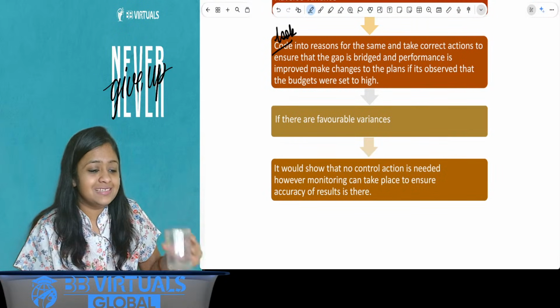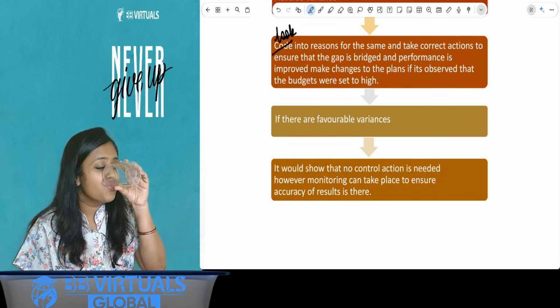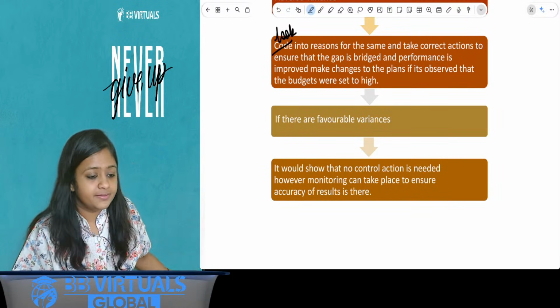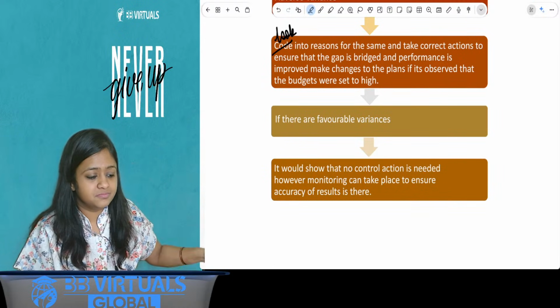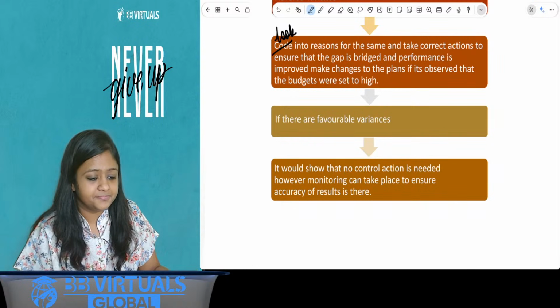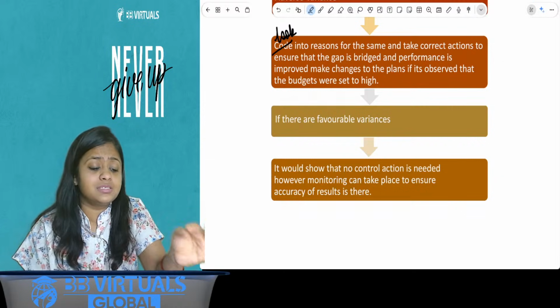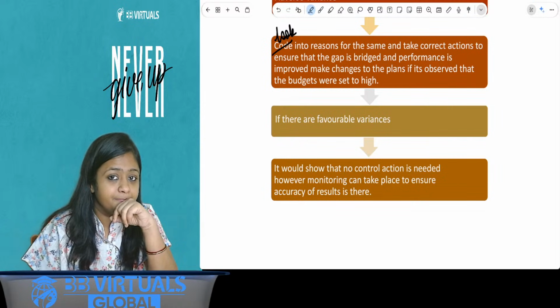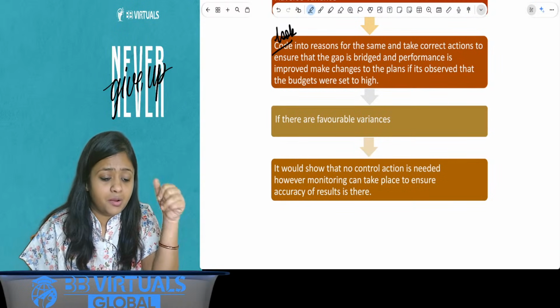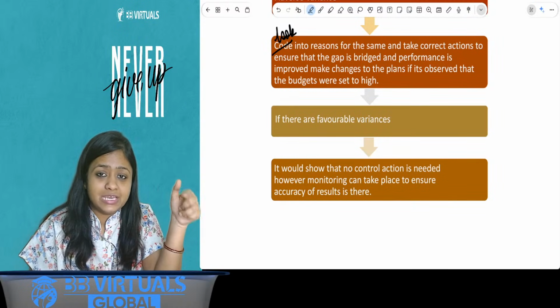Let me give you a help: the mixed variances, yield variances, planning variances, operational variances.